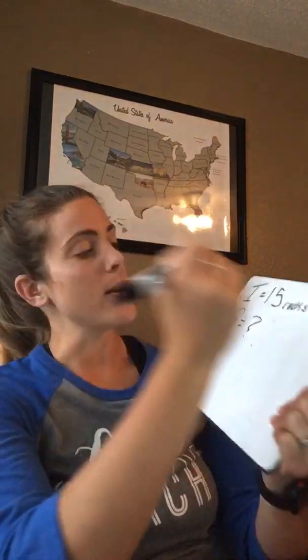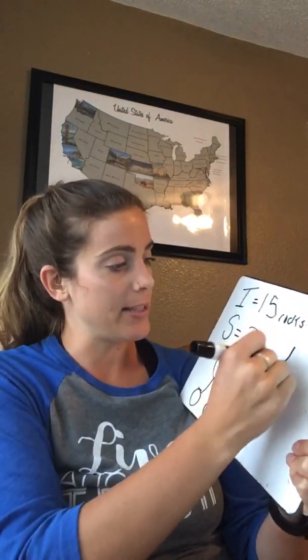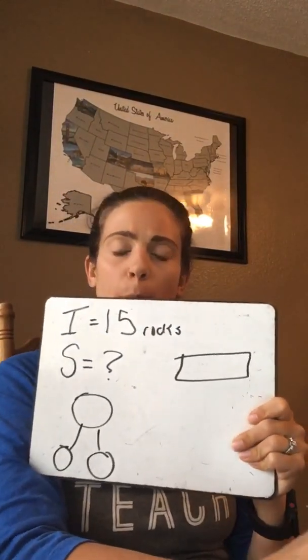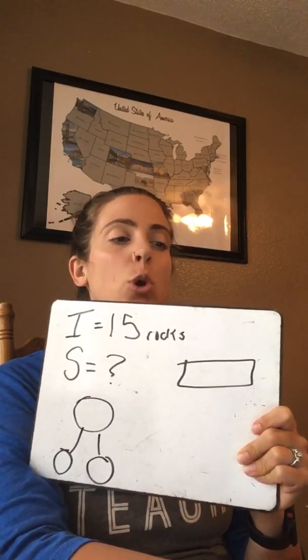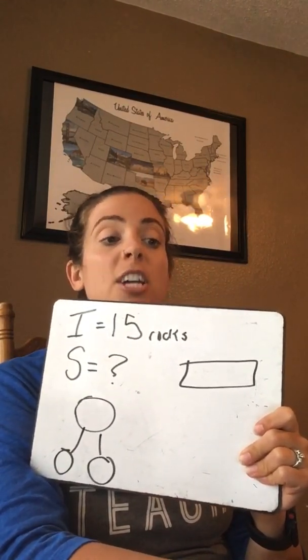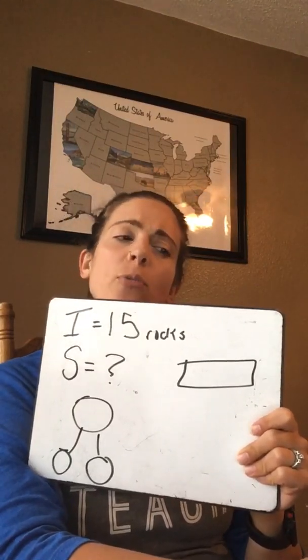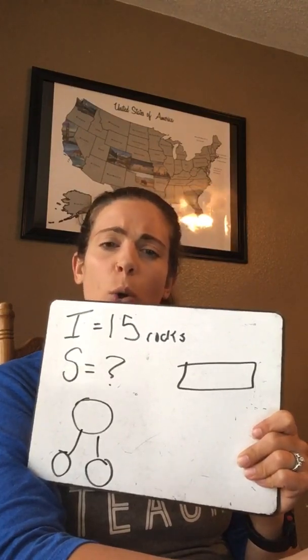Let's go ahead and build our number bond and our tape diagram and see if we can solve. What is our whole? The most rocks. I'm going to read it one more time. Ileana found 15 cool rocks on her walk. She found 8 more than Silas did. How many rocks did Silas find on his walk? So what would our whole be?